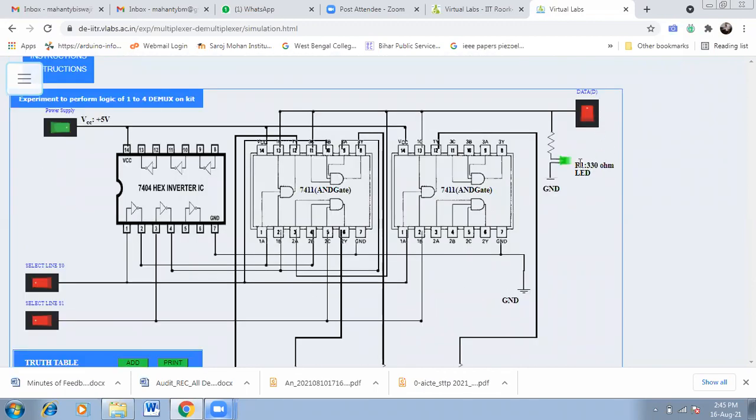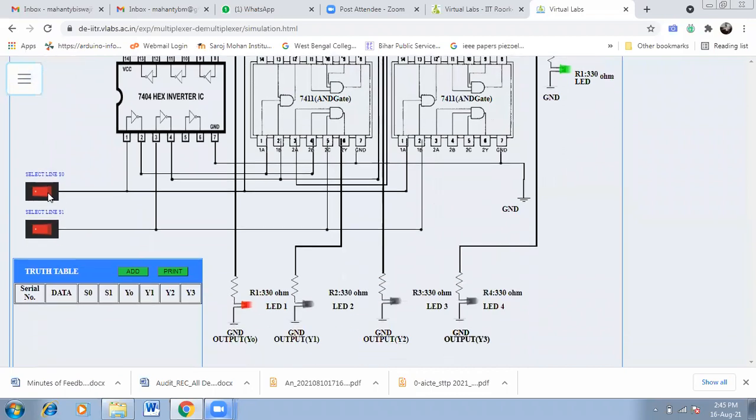See here, I have supplied a high value at the input. D is high, and as the data selectors are at 0 0 position, Y0 has been selected. If the data selector is 0 0, as I mentioned earlier, the output will be Y0.